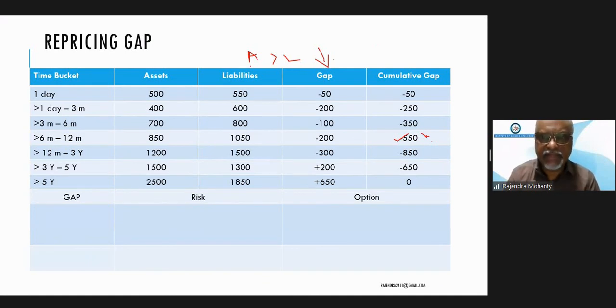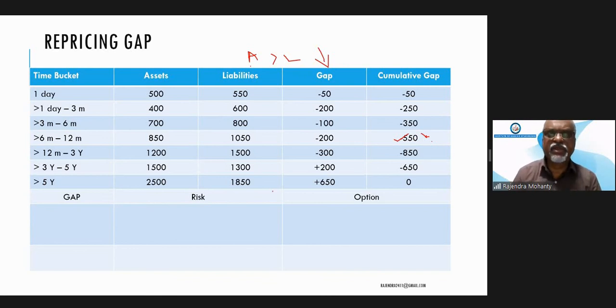If assets are maturing or new assets are being created, they should have a rate of interest much higher than the existing rate. Only then can you protect the NII.